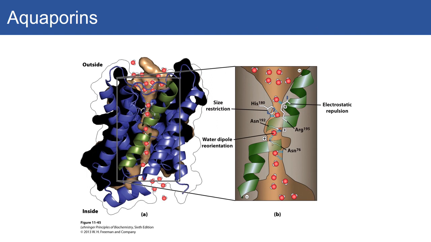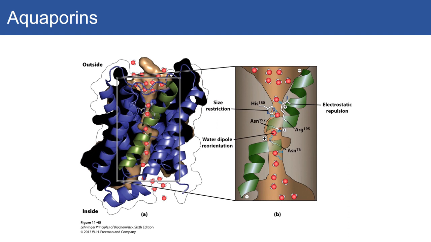Aquaporins are tetrameric proteins that allow water to sneak through the cells and maintain an aqueous balance if we need to. You can see several alpha helices are formed, and these side chains interact with water and allow it to be chaperoned through.